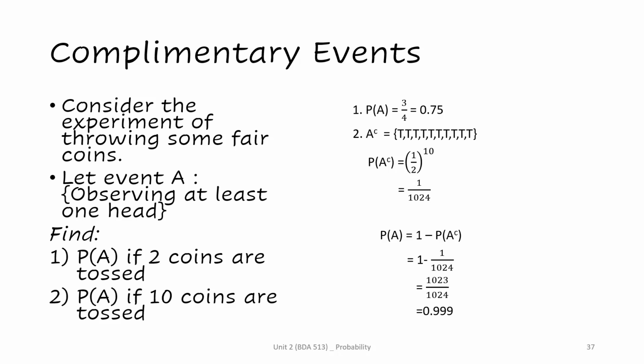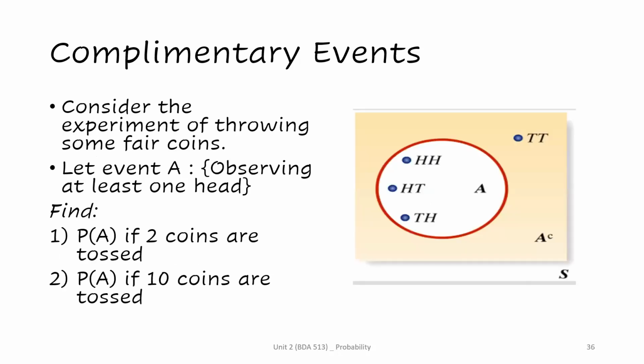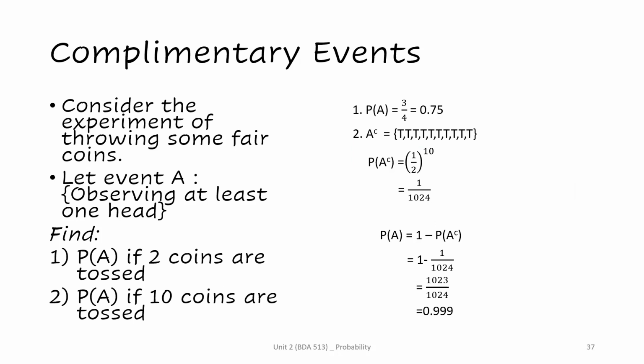So 1 tail out of the 10 coins, or 1 tail per coin? You say 1 tail out of the 10 coins, or 1 tail per coin? So if 10 coins are tossed at the same time, remember that it's going to be heads or it's going to be tail.